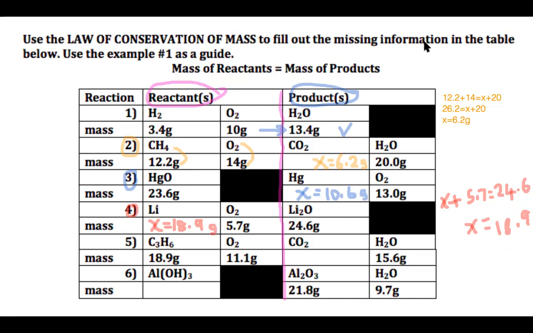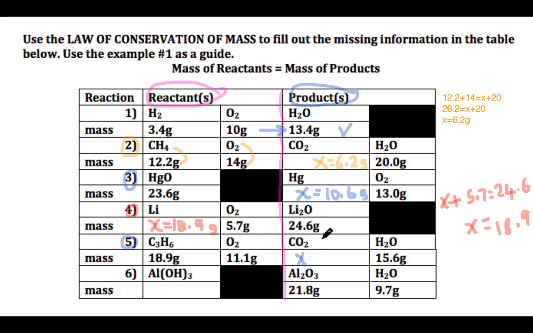Okay, give me answers for the other two problems. So 18.9 grams is one reactant, the other reactant is 11.1. And you're getting carbon dioxide and water. So it's a combustion reaction.